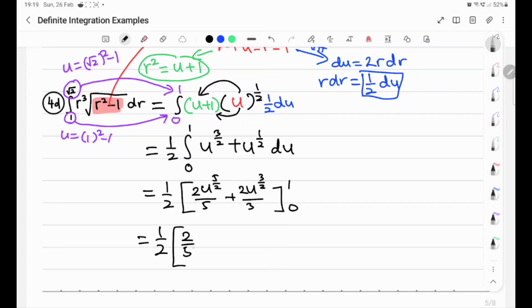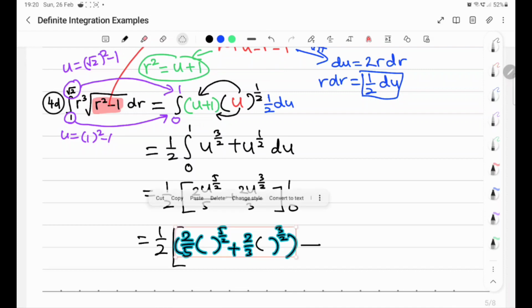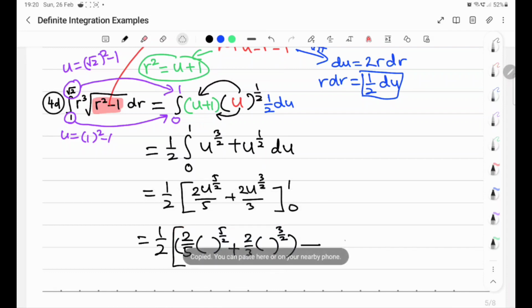So 2 over 5, empty bracket 5 over 2, plus 2 over 3, empty bracket power 3 over 2, minus, put everything in big brackets first. Choose everything, copy, and then paste them back over here.